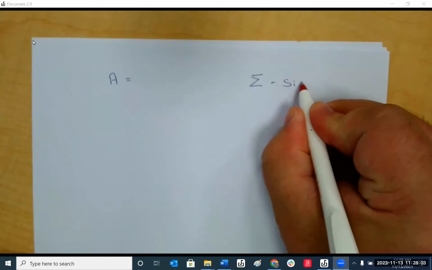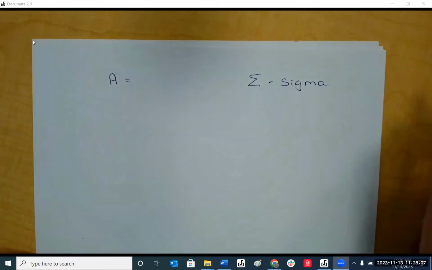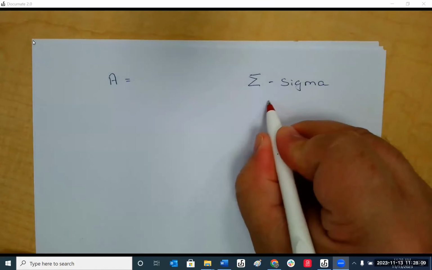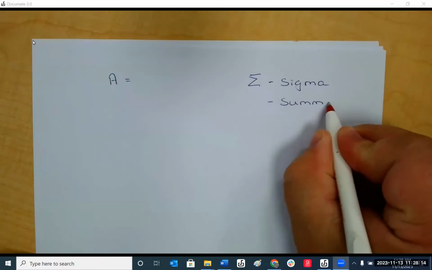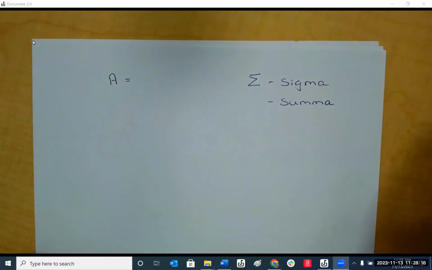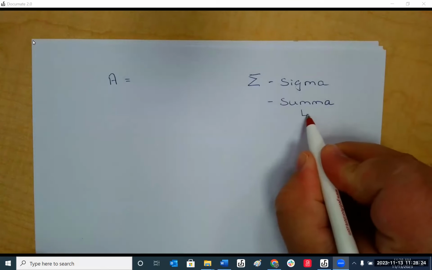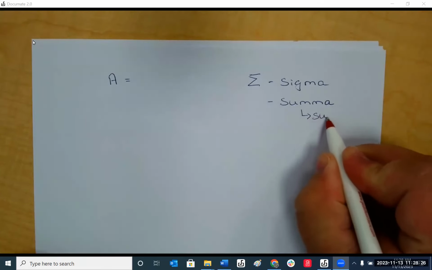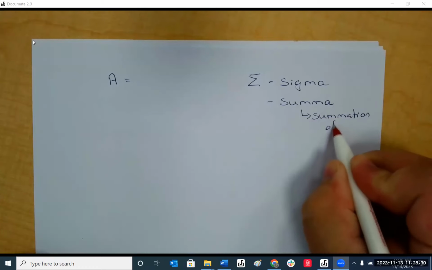This is the Greek letter sigma. In Latin, it's the letter summa, which is what we use for the summation of.